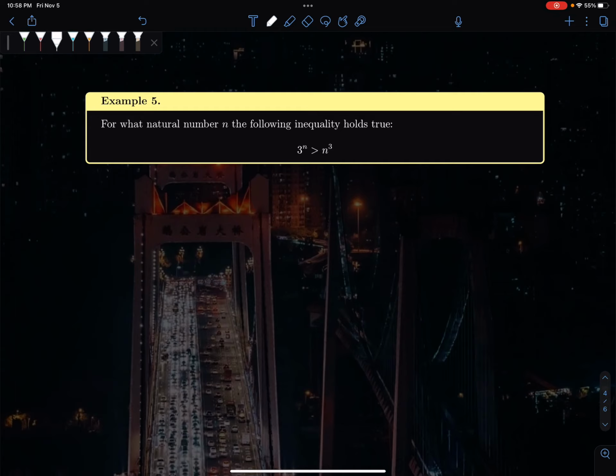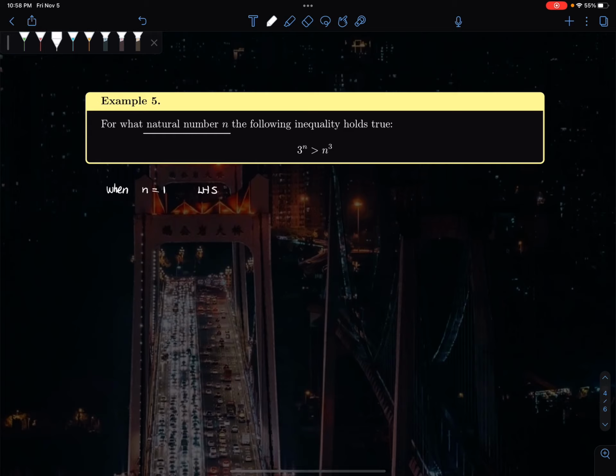For what natural number n does the following inequality hold true? Let's try this. They asked you for what natural number, so some of them might not satisfy, so you need to check n equals 1, n equals 2, and so on. Since it's a natural number, I'm going to start with n equals 1.